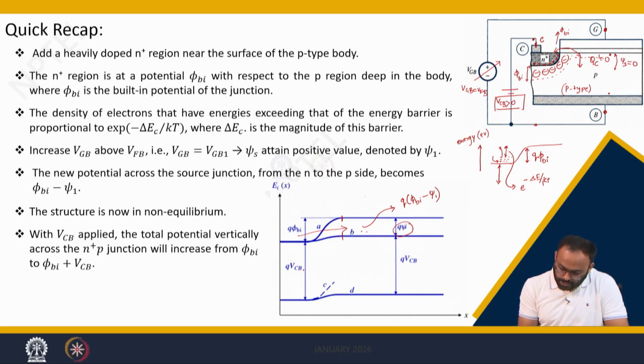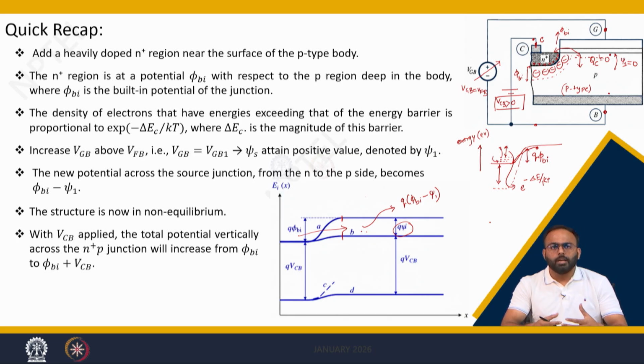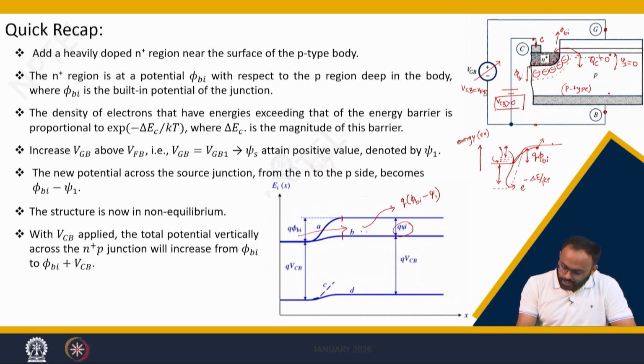By applying VCB, the energy barrier again gets lowered at this end, and hence the electrons which were available at the surface get a reverse attraction force towards the n plus. If you increase VCB, there might be a chance that the inversion layer will disappear. So, to maintain the same amount of charge at the surface, we require more VGB.